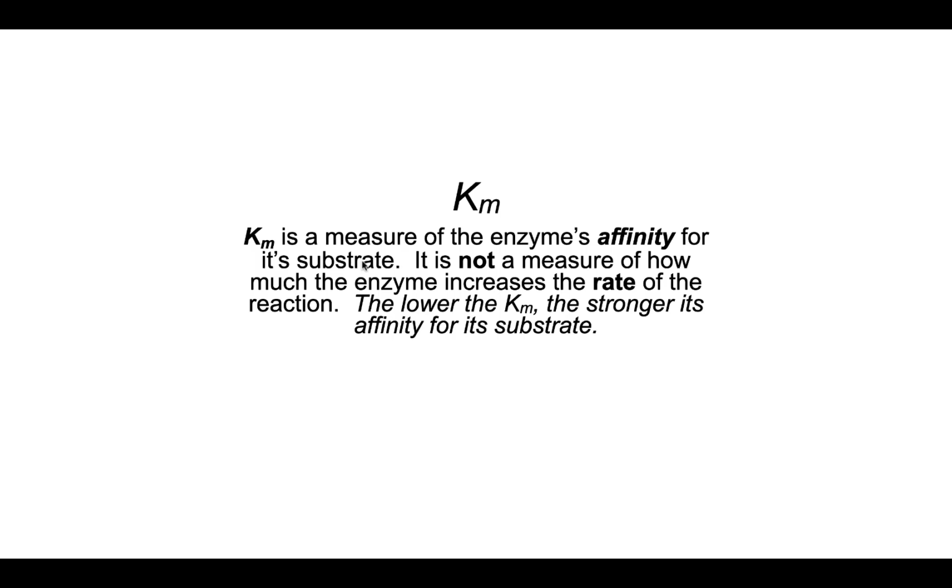It simply tells us with how strong of an affinity it binds to the substrate. And the lower the Km, the stronger its affinity for its substrate. That's a super important thing you need to know. The lower that Km, the stronger the enzyme's affinity for its substrate.